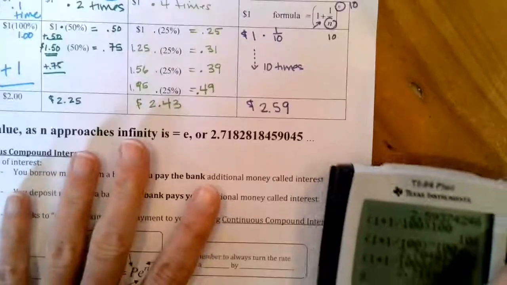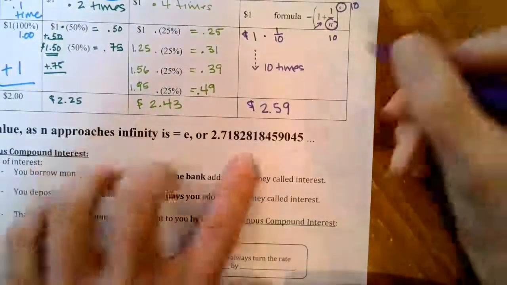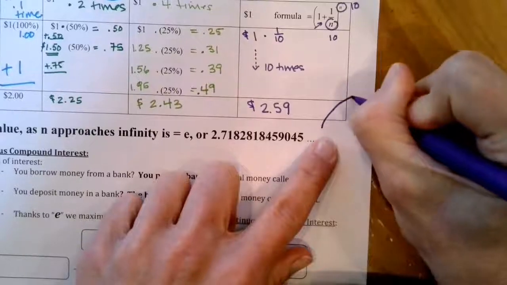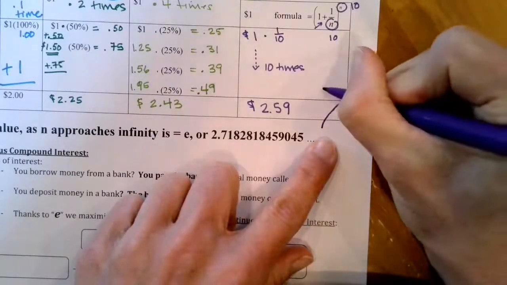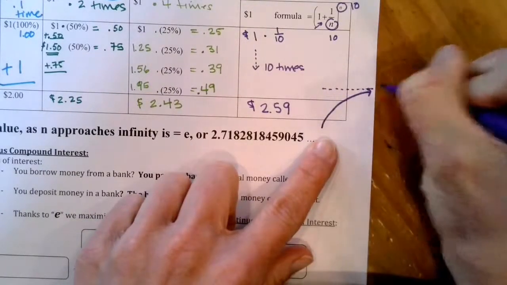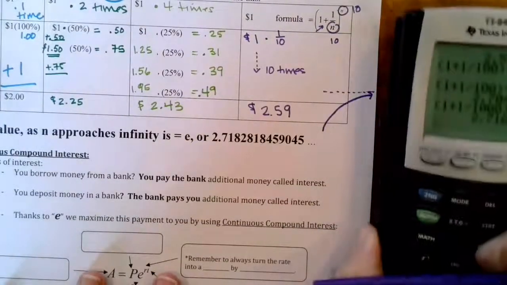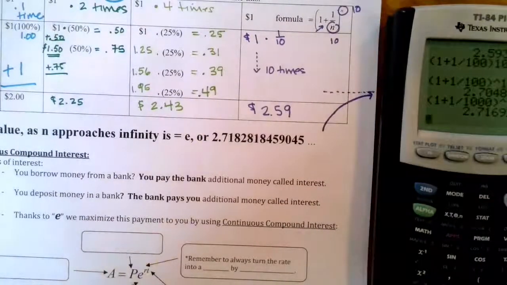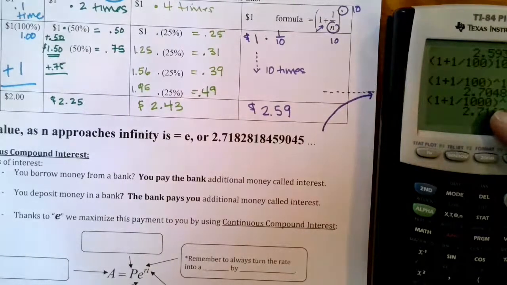If I wound up graphing this, I would see that my jump levels off, and there's an absolute limit to how much money I can end up earning on that $1. So you see I was at 2.5, then I was at 2.7, then 2.71. You're like, wait, I didn't get a lot of growth out of that last one. Let's try one more.